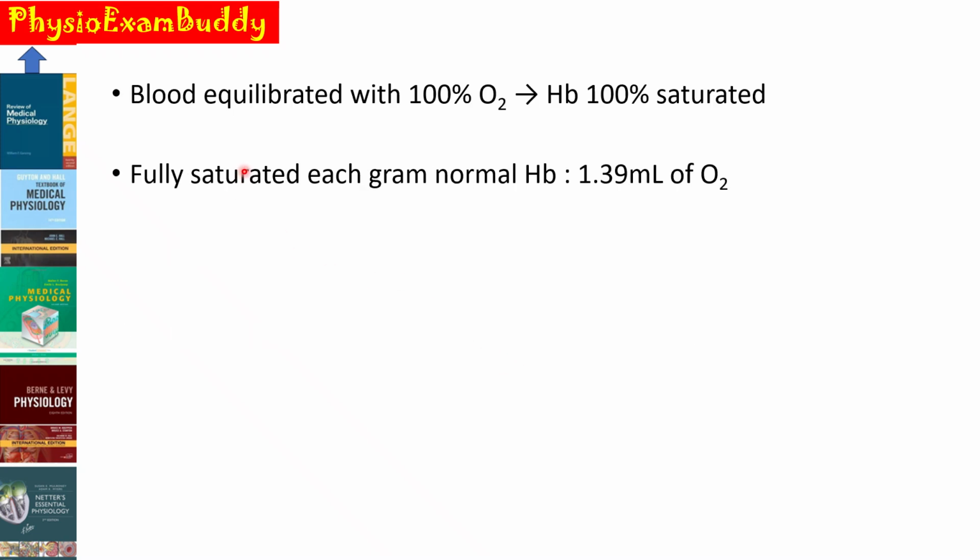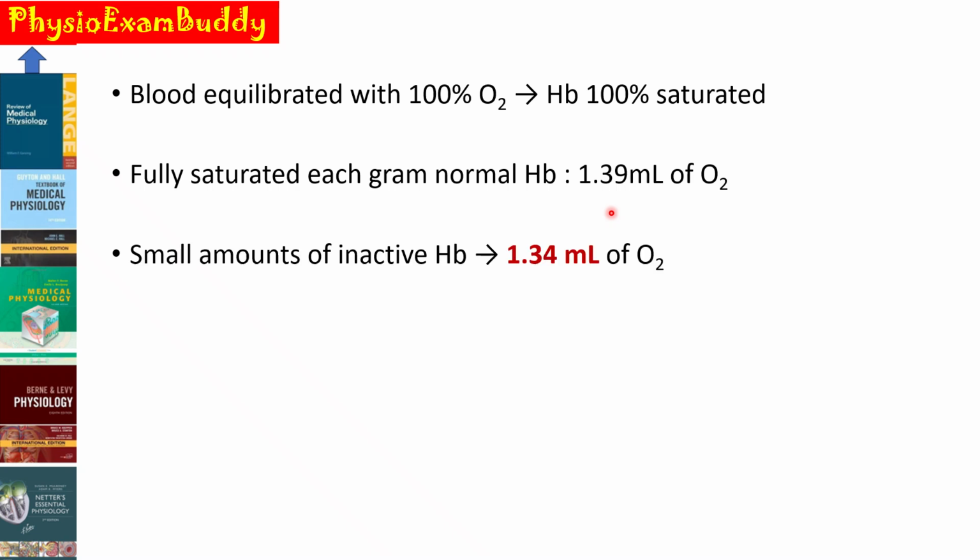When the blood is equilibrated with 100% oxygen, that is, when the partial pressure of oxygen is 760 millimeters of mercury, the normal hemoglobin becomes 100% saturated. When fully saturated, each gram of normal hemoglobin contains around 1.39 ml of oxygen.